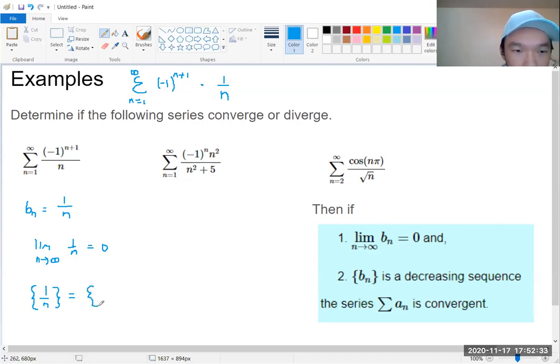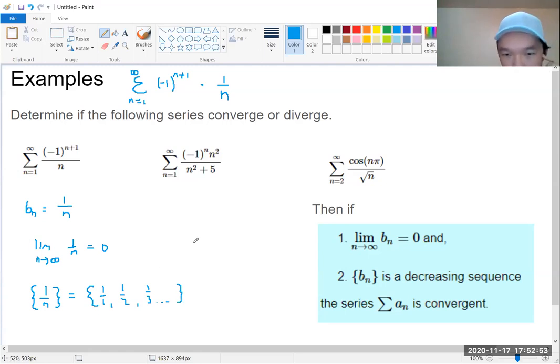So this would be 1 over 1, 1 over 2, 1 over 3. So this is good, right? This is indeed a decreasing sequence.